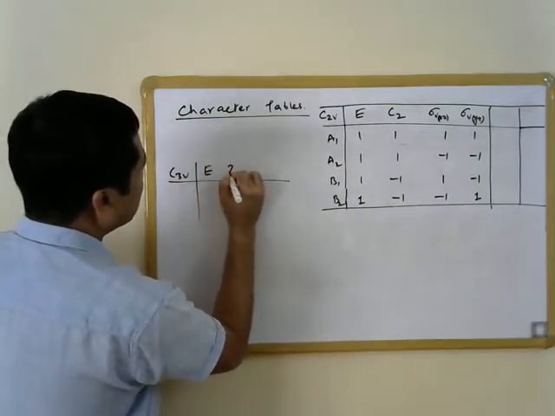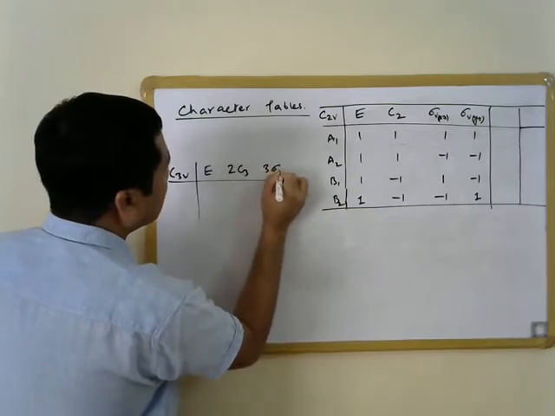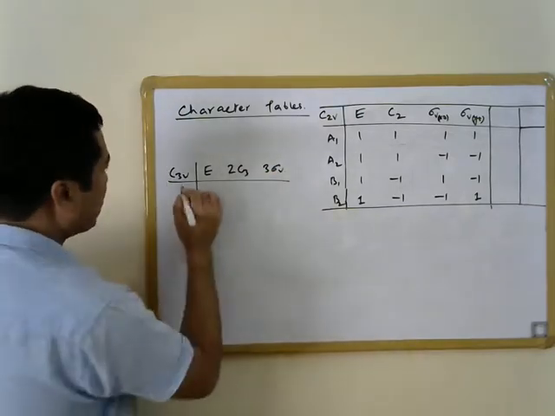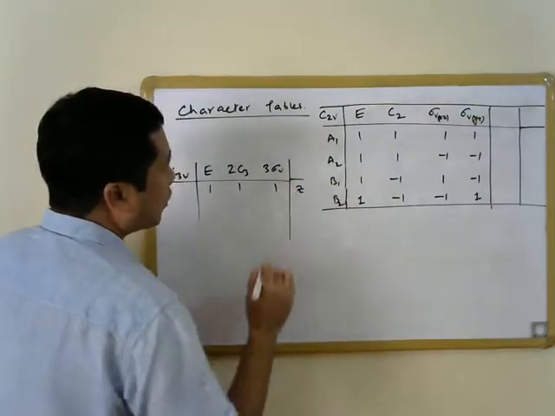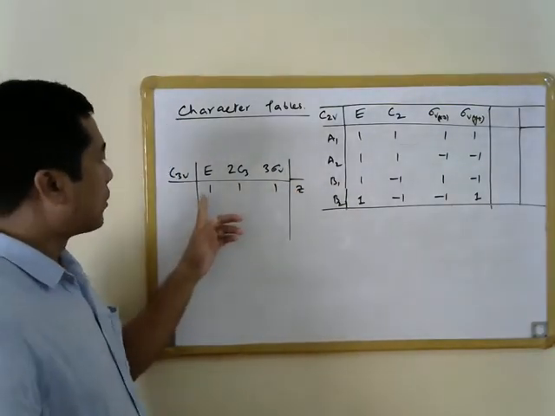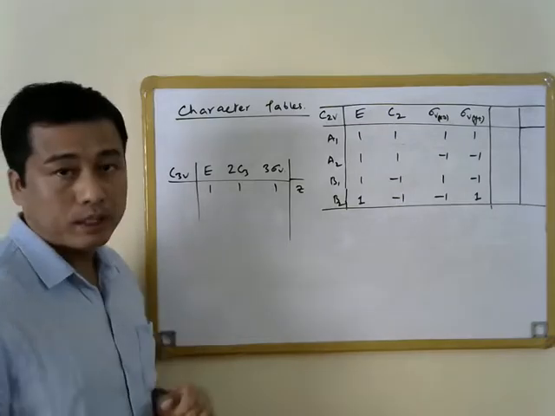So it is A1, E in C3v, and the one we have obtained for the z coordinate transforms as +1, +1, and +1.